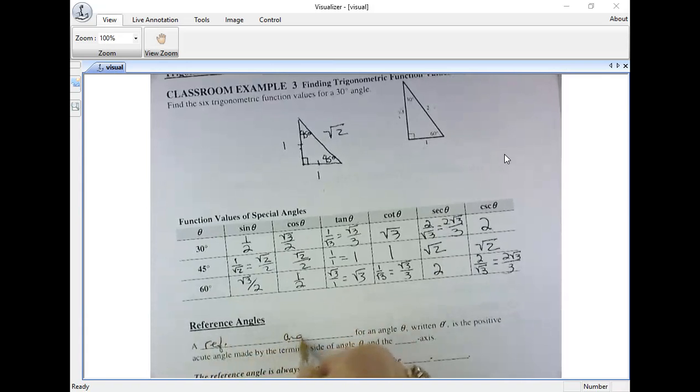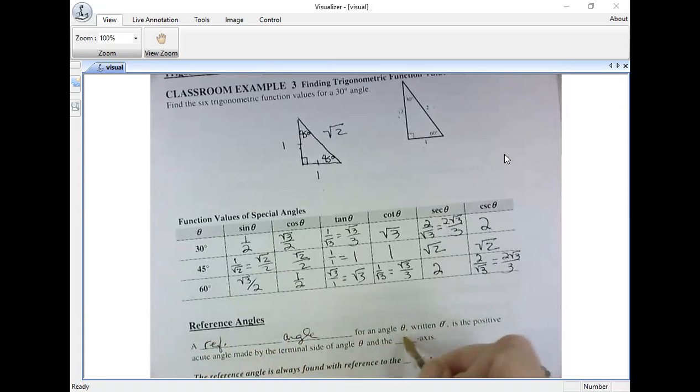A reference angle for an angle theta, written theta prime, is the positive acute angle made by the terminal side of angle theta and the x-axis. Okay?